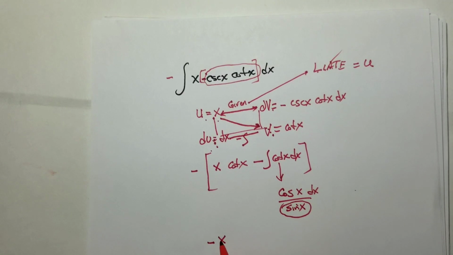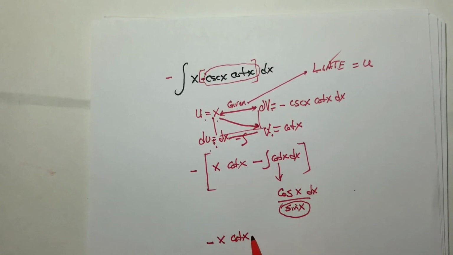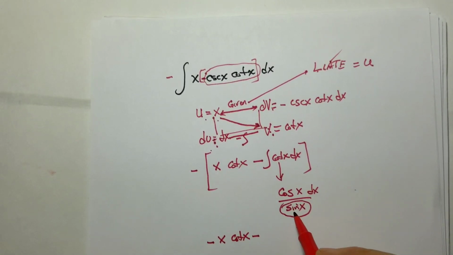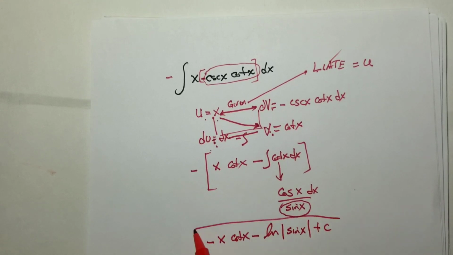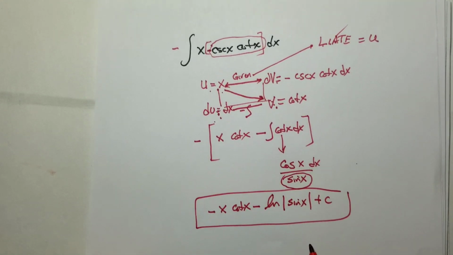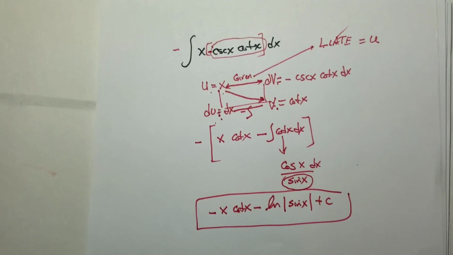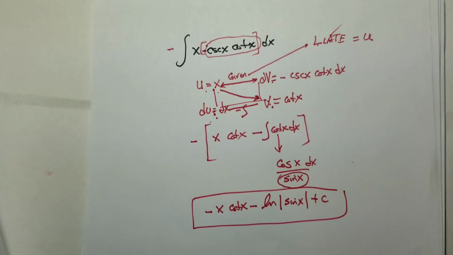Therefore, your answer is negative x cotangent of x, minus. The function whose derivative is 1 over u times du is the natural log of u plus c. So simple, not hard at all. It just requires some patience.